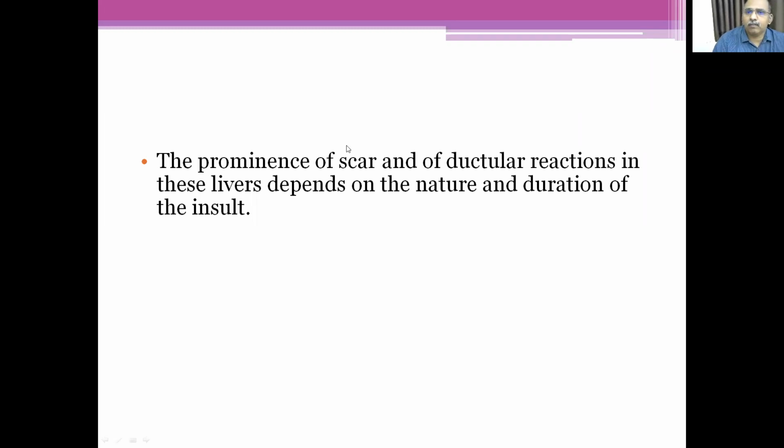So the prominence of scar and ductular reaction depends on the nature and duration of insult. Here the nature is drug-induced and the duration of insult is acute. That's why in paracetamol poisoning, we don't see any scar formation. But in hepatitis A, the infection is slow. After 2 weeks, you will start having symptoms, so the disease process takes 2 weeks and is slow.